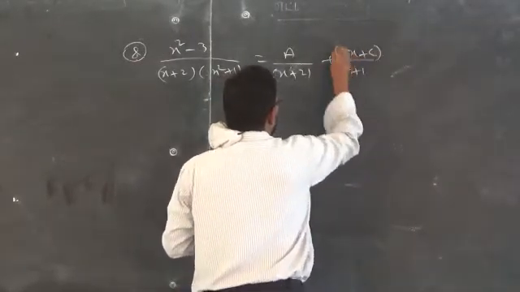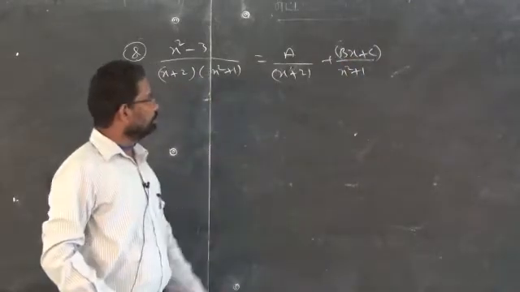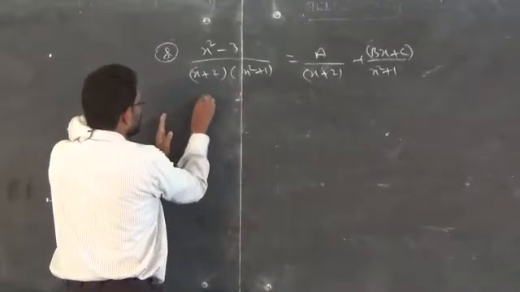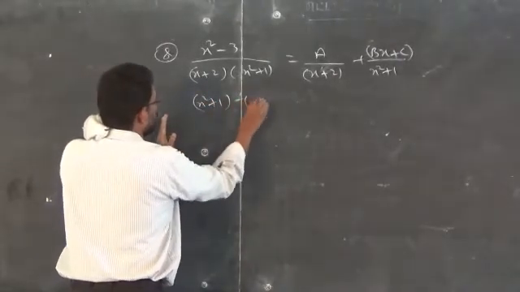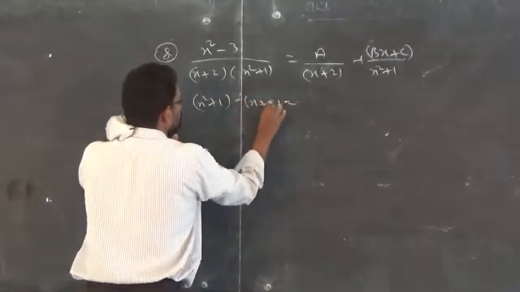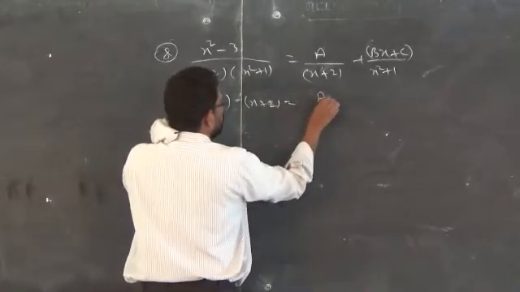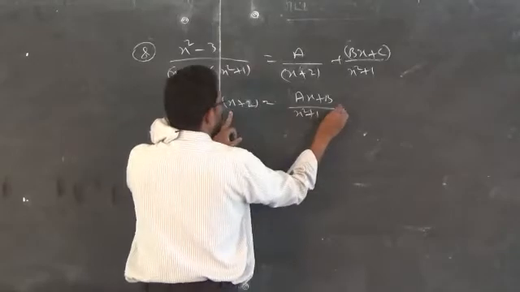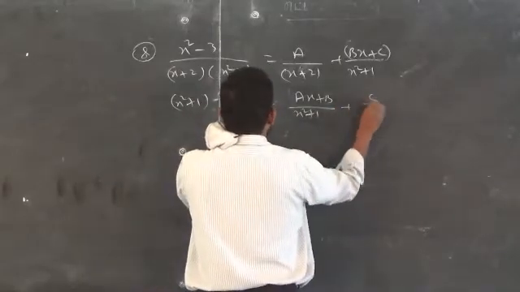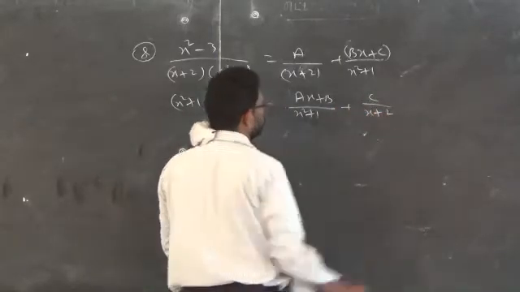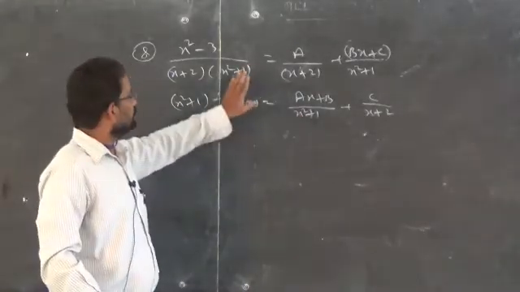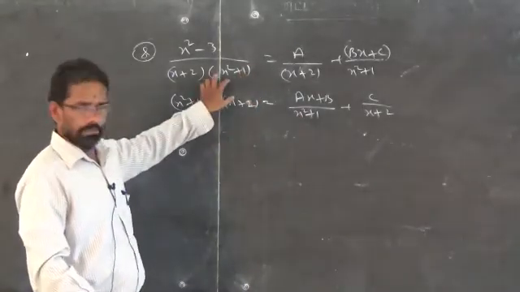If it is non-factorizable, you have to write Bx plus C. If x square plus 1 into x plus 2 comes in this case, how do you express the right side? Ax plus B by x square plus 1 plus C by x plus 2. So you have to express it like this when the factors are given in this format instead of the previous one.